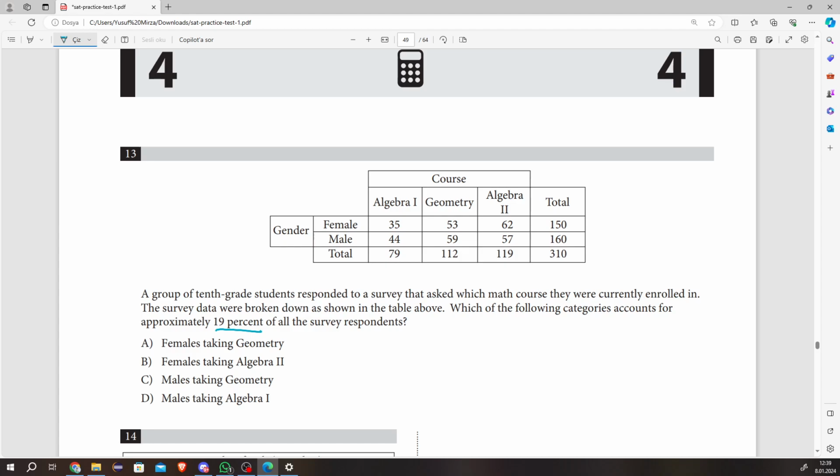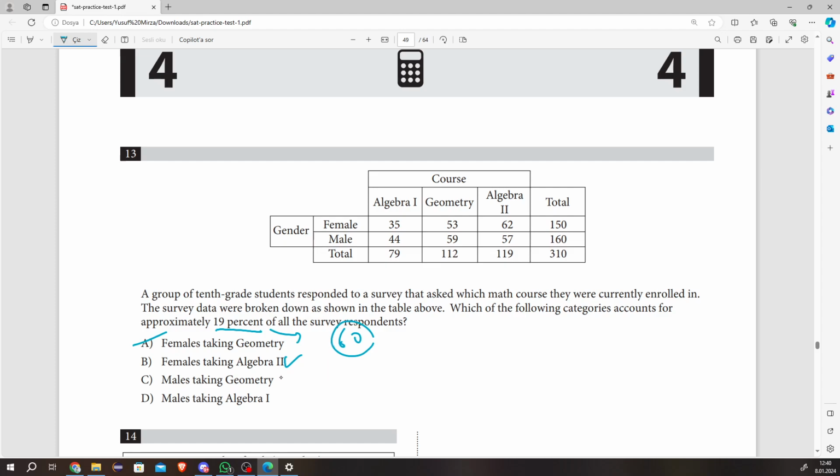That is, I don't have a calculator, but it's about 60. So let's see, females taking geometry is really, it's not, it's about, females taking algebra 2, okay, and males taking geometry.